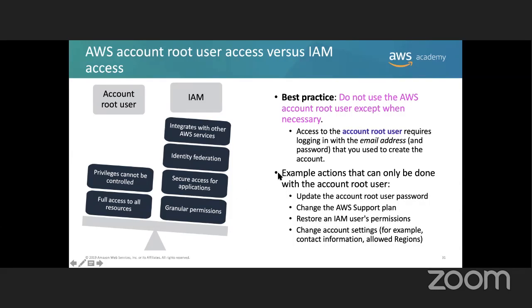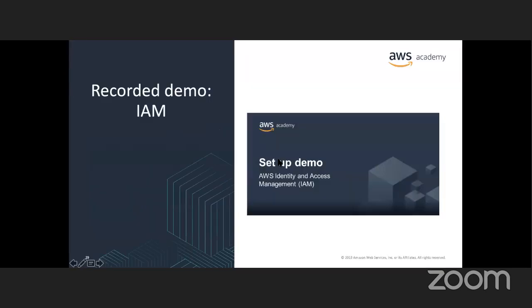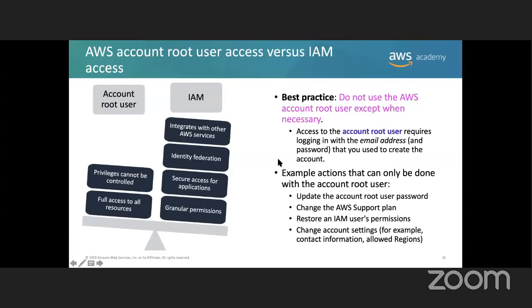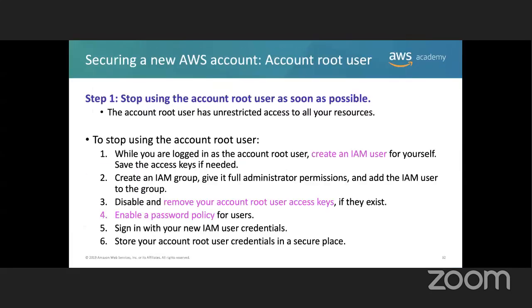So be careful. Example actions that can only be done with the root account: update the account root user password. Change the AWS support plan, just in case you want to go from basic to developer, or from developer to business, and then from business to enterprise, things like that. Restore the IAM permissions.